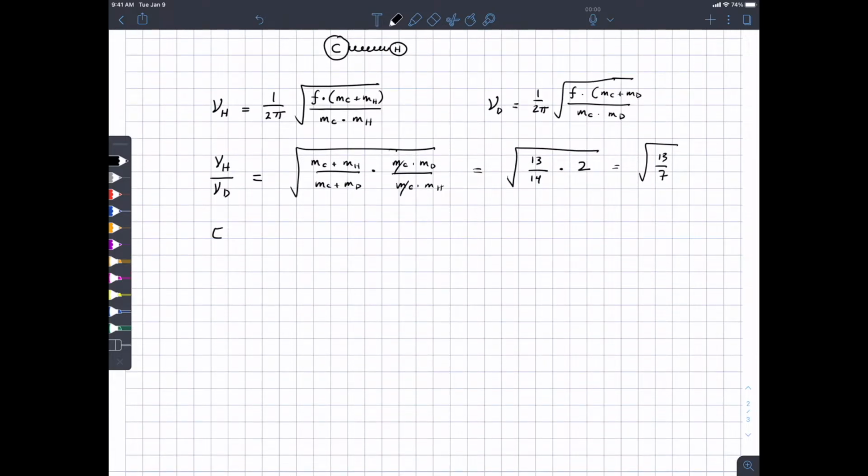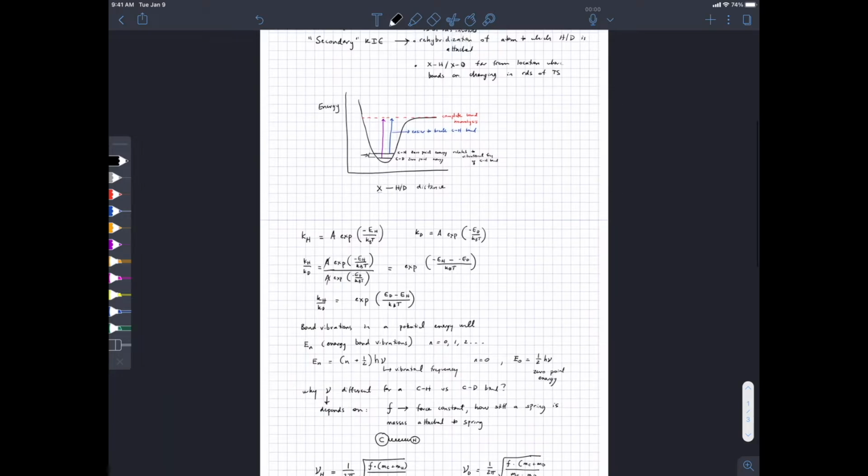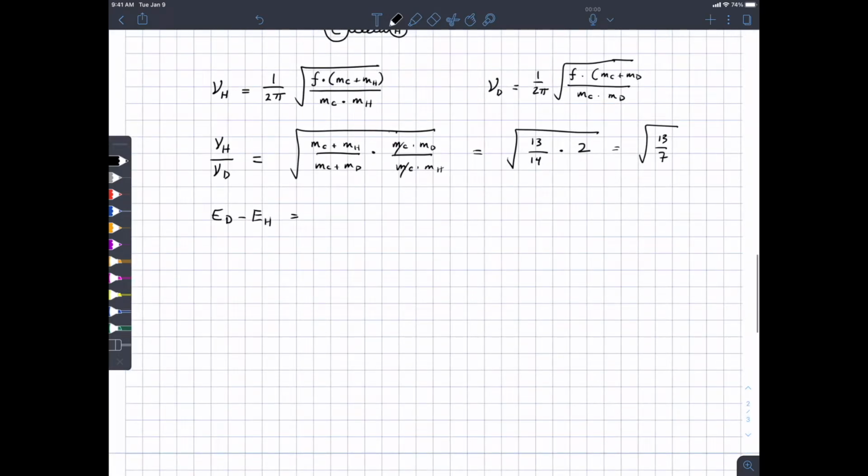And you remember that the energy of activation for deuterium minus the energy of activation for hydrogen should equal, based on that diagram above, the difference in vibrational energy for the zero point for hydrogen minus the difference in vibrational energy for the zero point for deuterium.